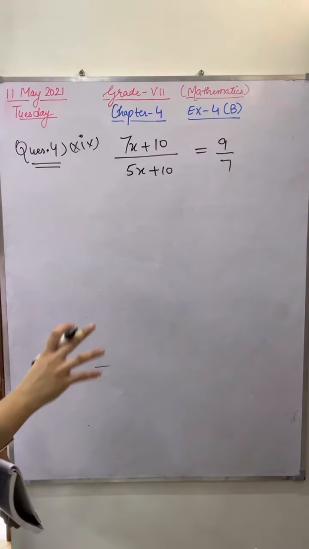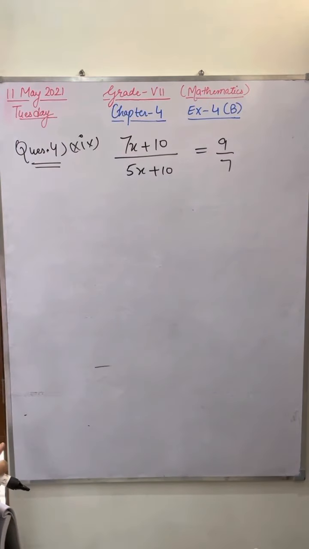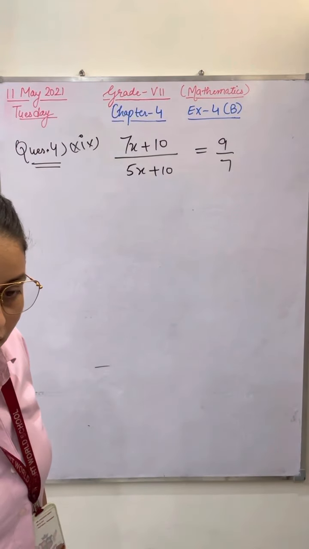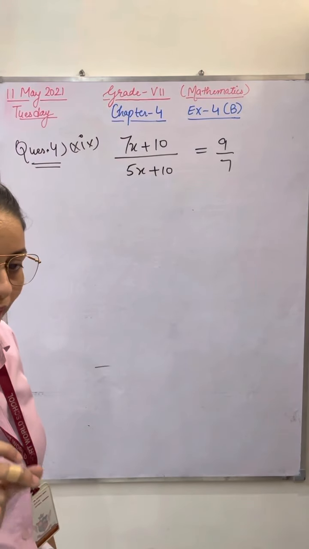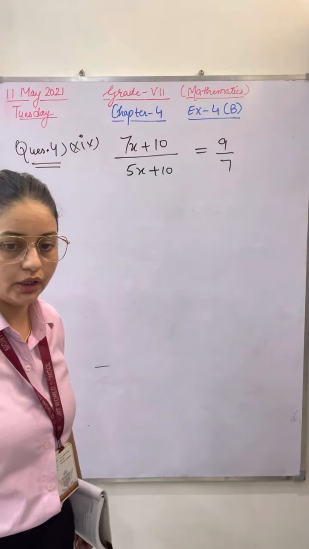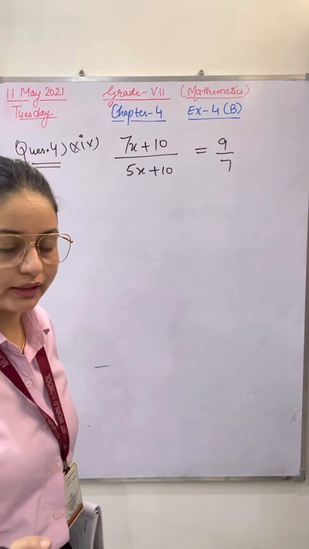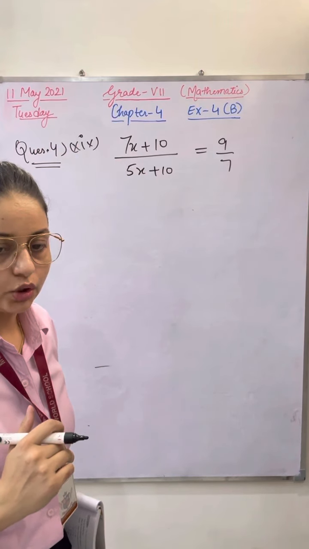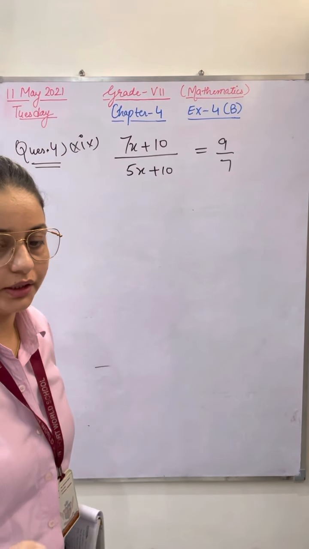Can anyone tell me first of all what I should do? Which method can I apply here? Please tell me what step I can apply here. No, we can't go with the transposing method in the beginning in this question.